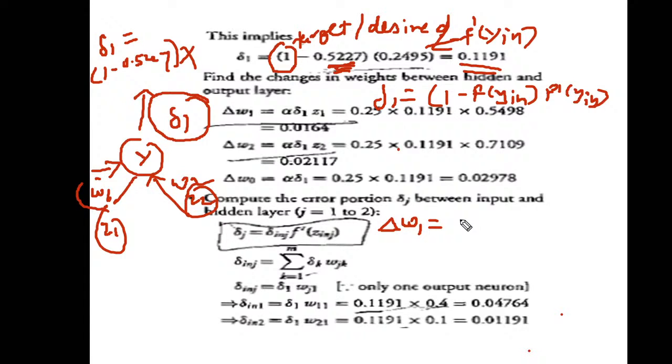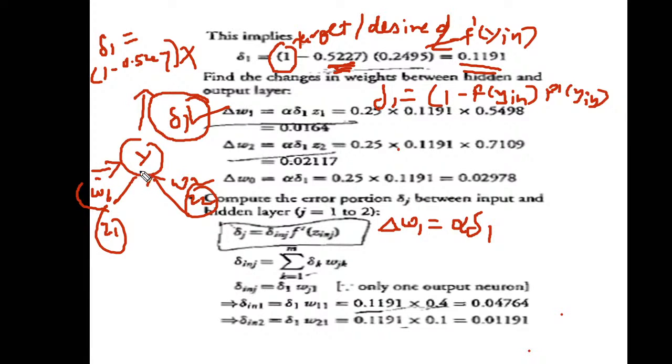The formula is very simple. You multiply the learning rate, and then the error which is being propagated in the backward direction. So this delta 1 is the only one there, so I am multiplying by delta 1, and to which particular neuron is it?